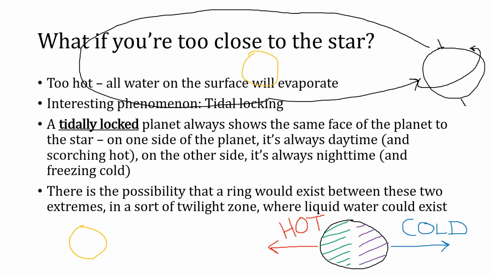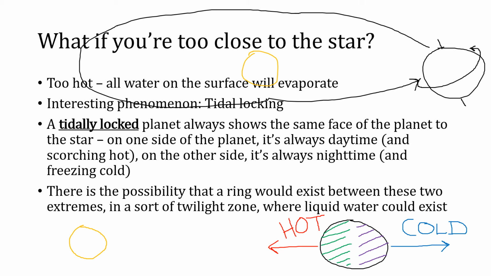But so you've got the hot side and the cold side. But if you remember our discussion in general about the nature of the Goldilocks zone, you've got a hot side of the solar system, which is too close to the star. You've got a cold side of the picture, which is too far away from the star. And then there's this region in the middle where it's just perfect.